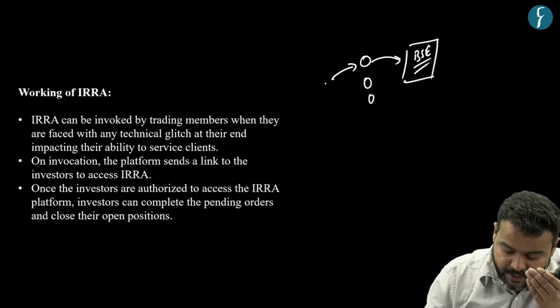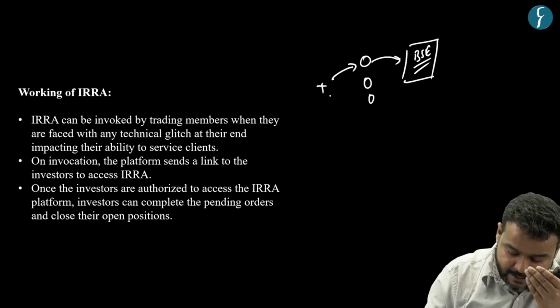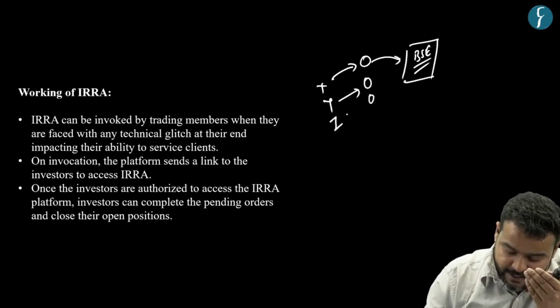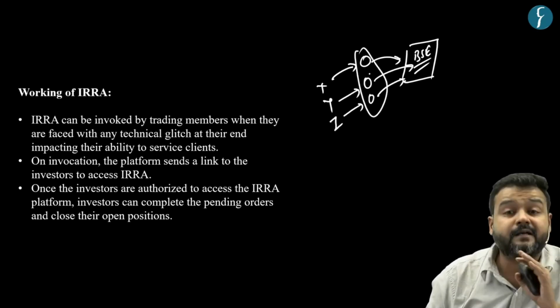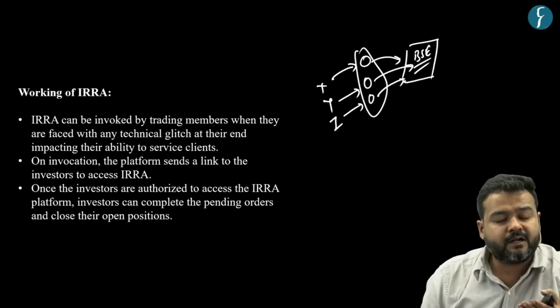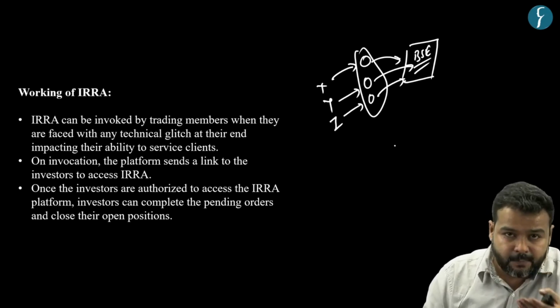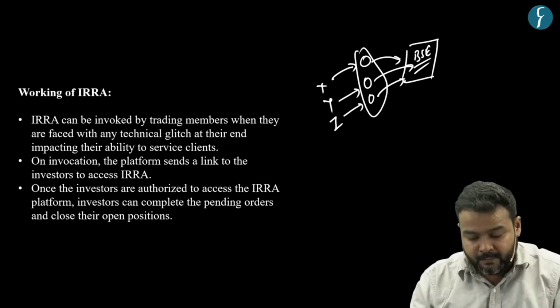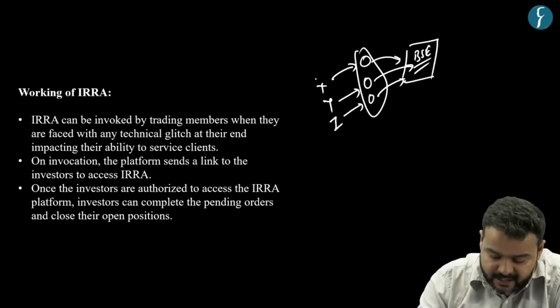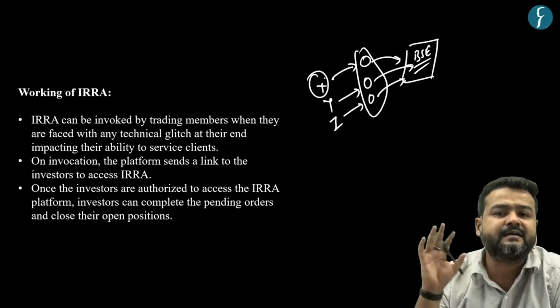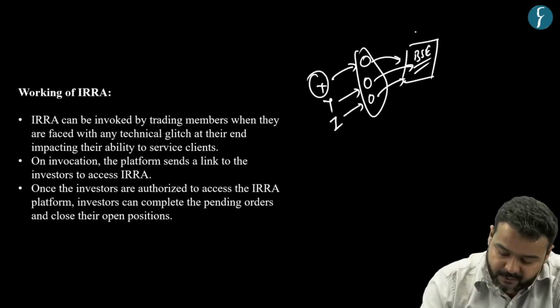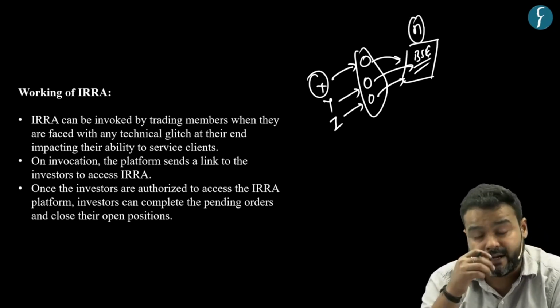So investor X, Y or Z invests in stock markets through these intermediaries. You might have heard about Zerodha and all. So these are the intermediaries. Now suppose, just make an assumption, that this fellow X has n number of shares in the market at present.